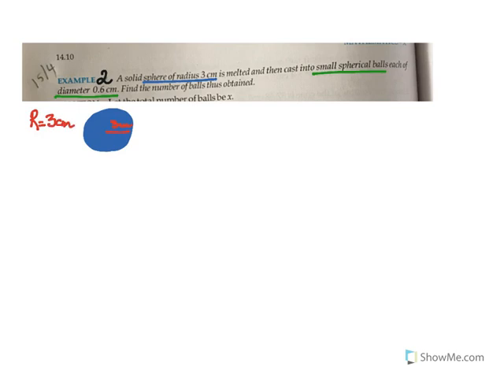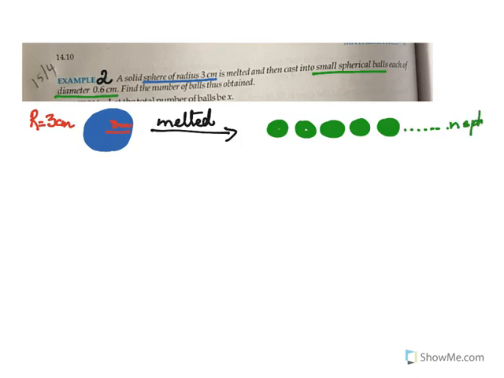Now this sphere is melted and recast. All the metal is recast into smaller spheres. So we have small spheres, we don't know how many again in this case, so we just put here n spheres.